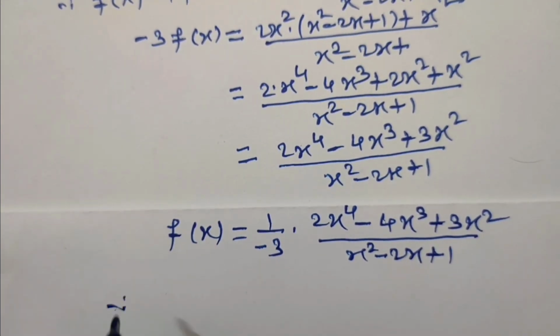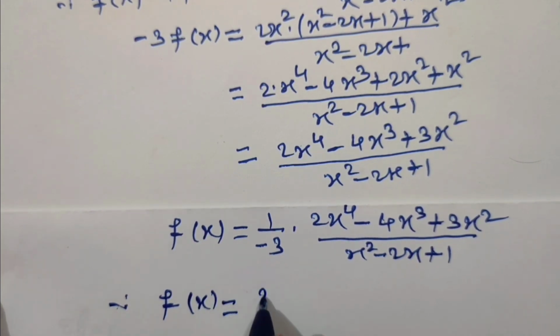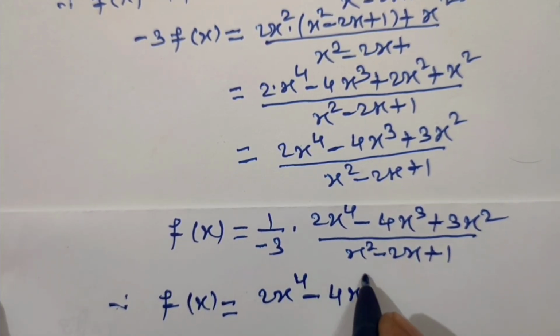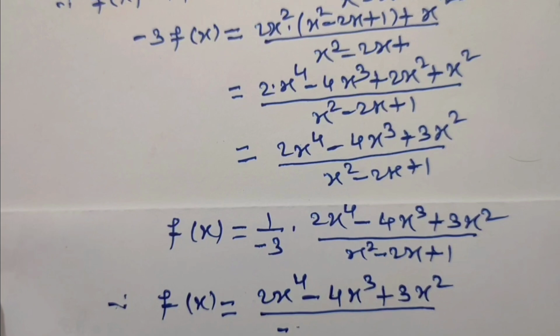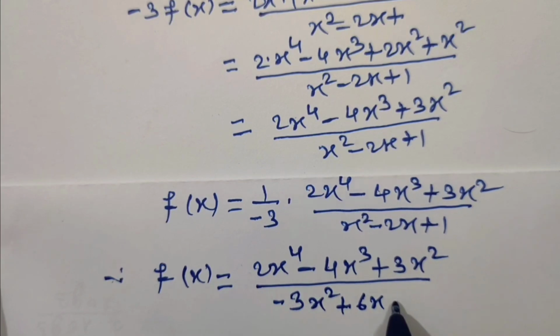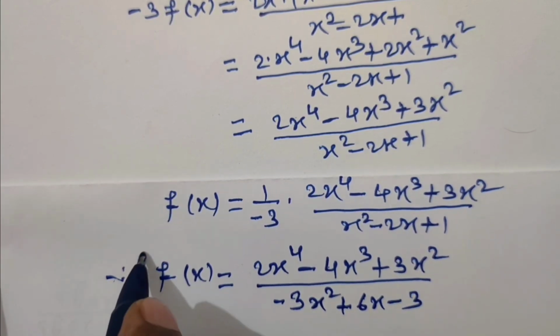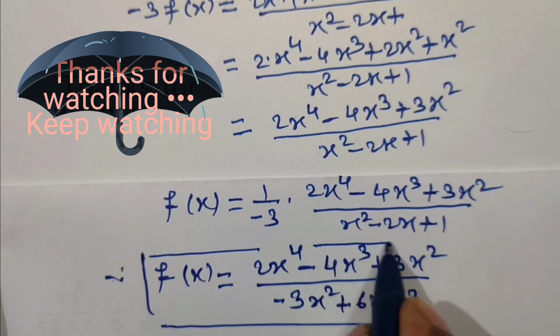Hence, f of x is equal to 2 times x raised to 4 minus 4 times x cube plus 3 times x square divided by minus 3 times x square minus 2x plus 1, that is minus 3x square plus 6x minus 3, and this is the value of function f of x.